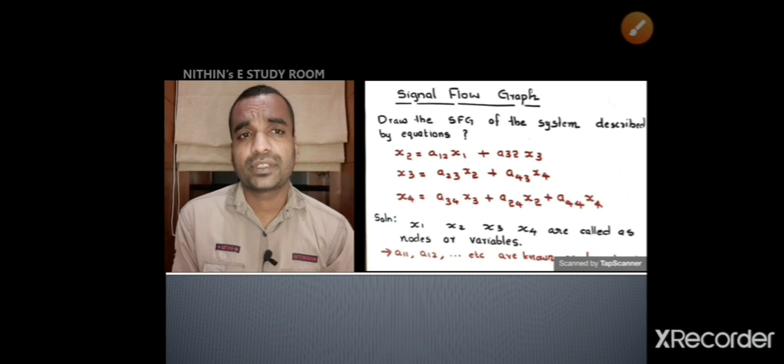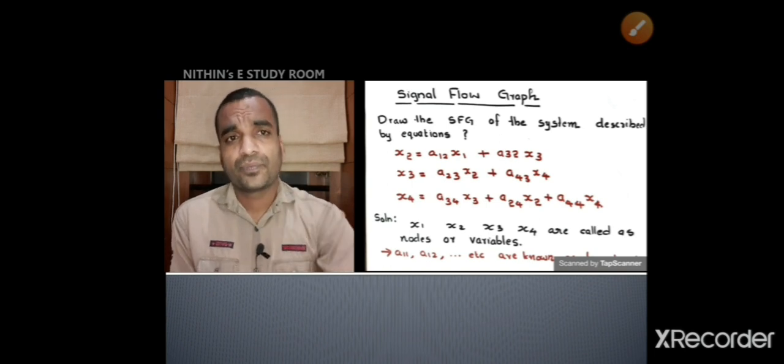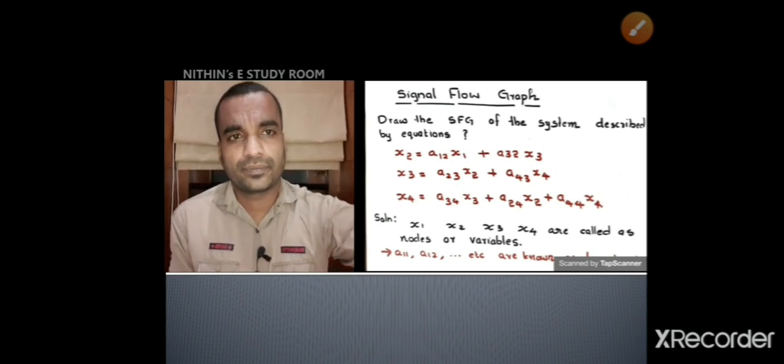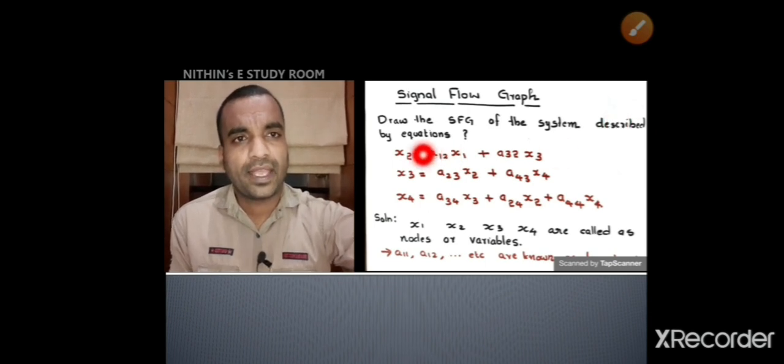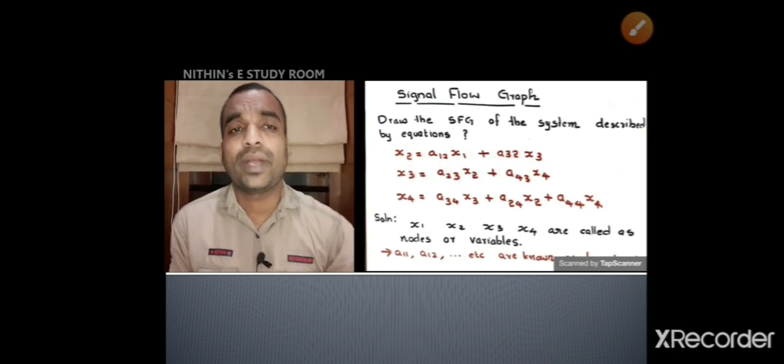So in this equation we can see x2, here it is. x2 is a12 x1 plus a32 x3.